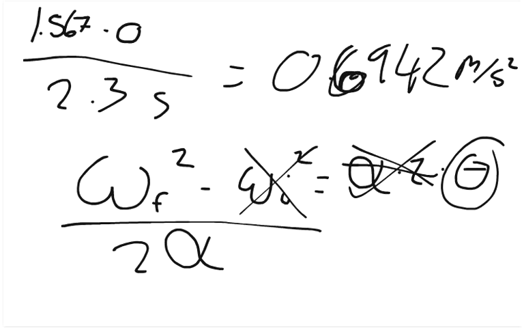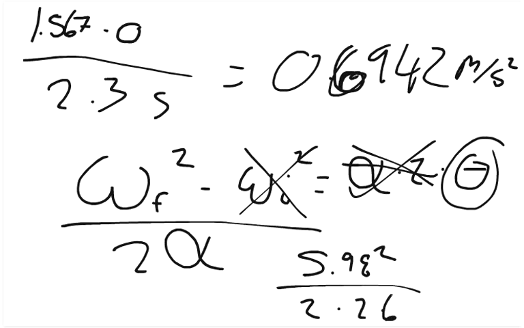We know that the initial is 0, so we simply have 5.98 squared over 2 times 2.6 radians per second squared.